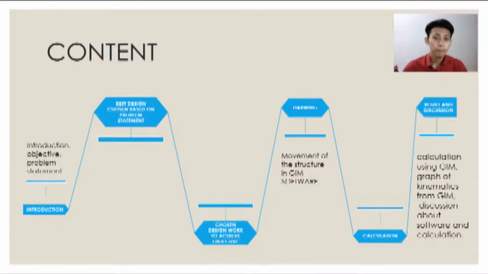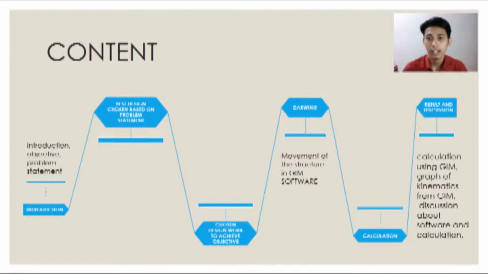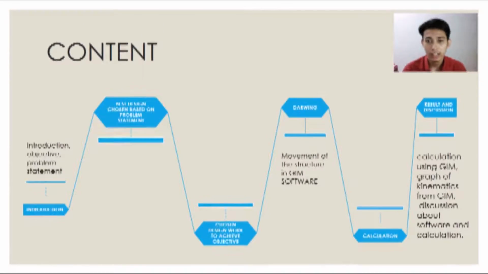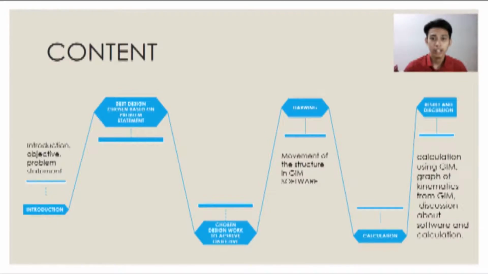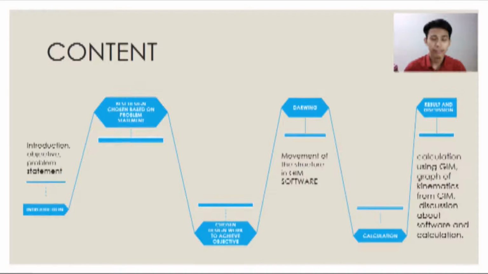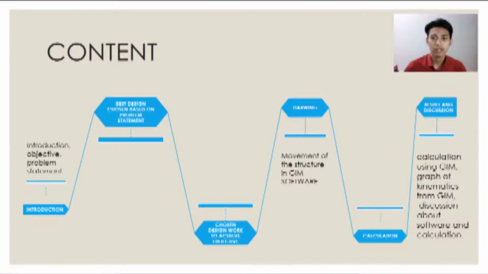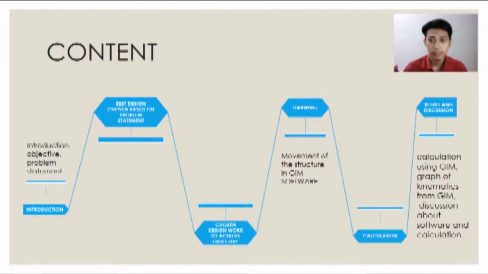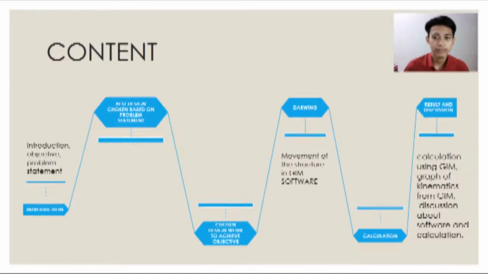To begin my presentation part, I would like to introduce you to our content, which includes the introduction, where we will discuss the objective and problem statement of this project. The second is the best design chosen based on the problem statement, and the third is how the chosen design works to achieve the objective.